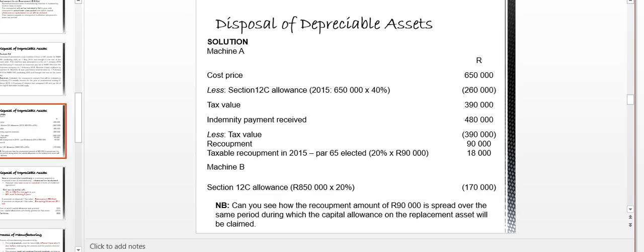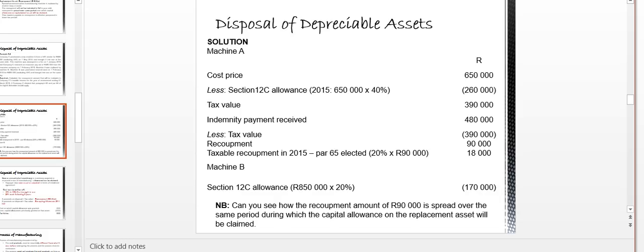We'll deal with this a bit later, but basically, when you've got a manufacturing asset that was bought new, you may claim 40% of the cost in the first year of assessment. So if we take the cost less the Section 12C allowance of 260,000 Rand, the tax value at the end of the year of assessment is calculated as 390,000 Rand.